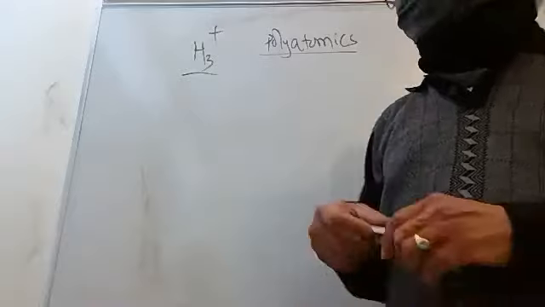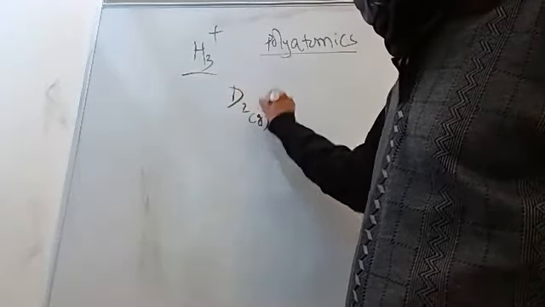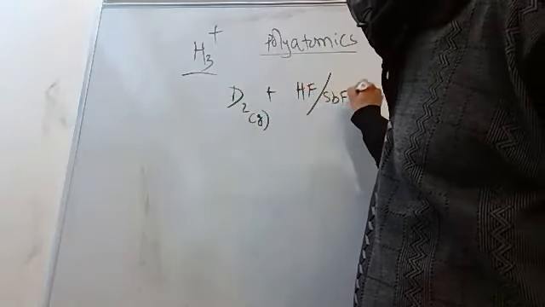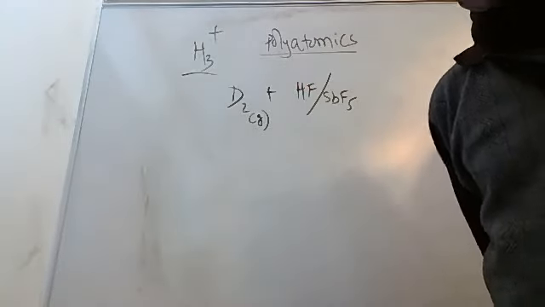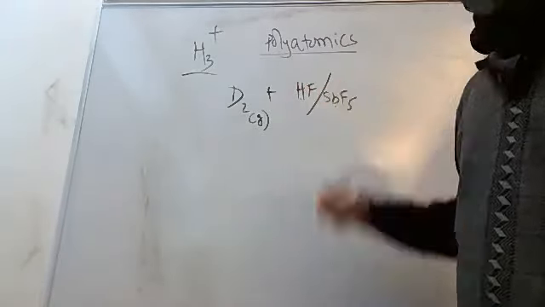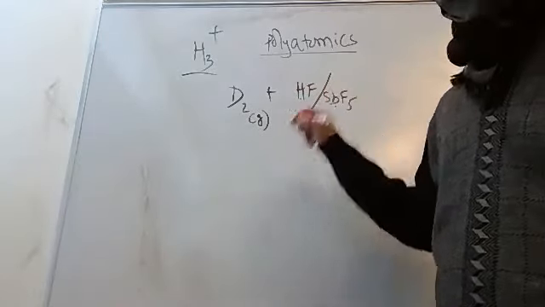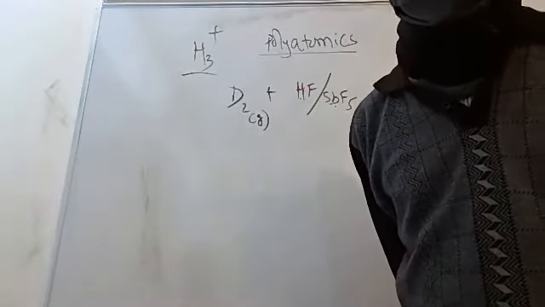How did they figure it out? They did an experiment where they passed deuterium gas on two acids, HF and SbF5. HF is a Bronsted acid, SbF5 is a Lewis acid. When you mix a Bronsted acid with a Lewis acid, you get what we call super strong acids.